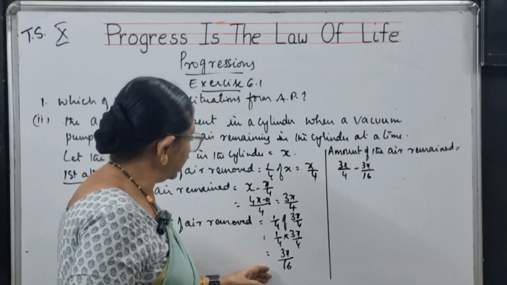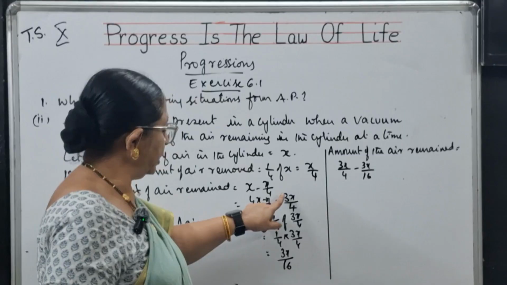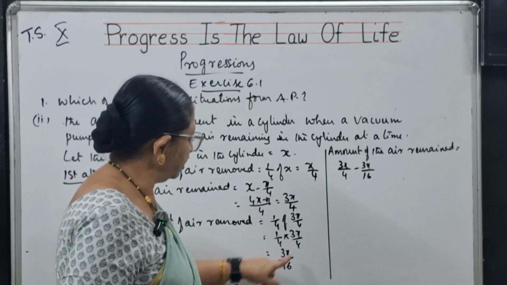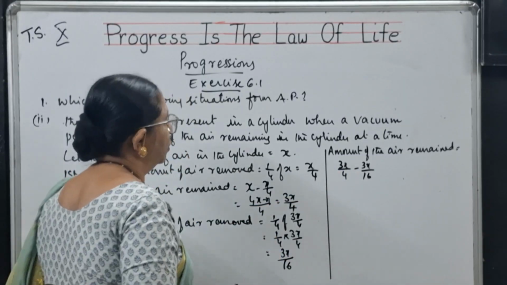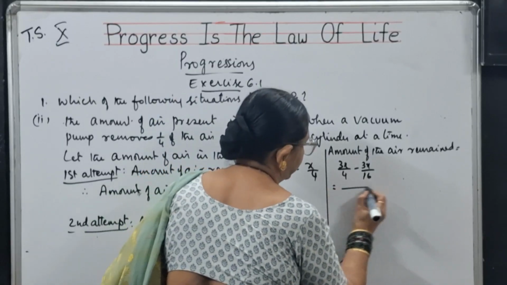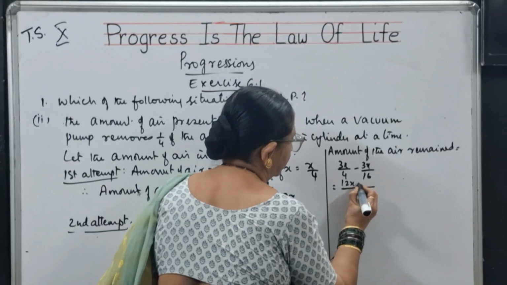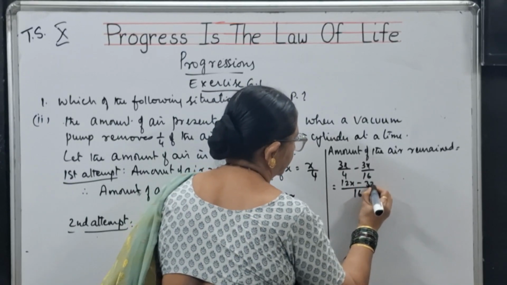So what you are getting? 3x by 16 air is removed. From 3x by 4, 3x by 16 is removed. So what is the amount that remained? You have to subtract it. 16, 4 4s are 16, 4 3s are 12x minus 3x.